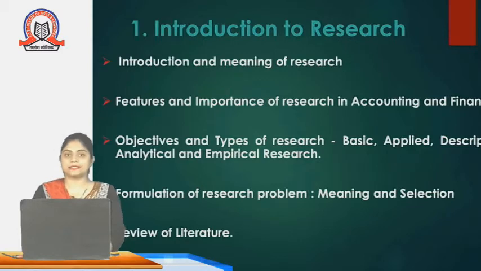For this, researchers can go for ROL, which is the last topic of this unit, that is, review of literature. It is nothing but the past studies the authors have done previously. Researchers can refer to them, take ideas, and find the gap where they are lacking, and the researcher has scope to do the research there.